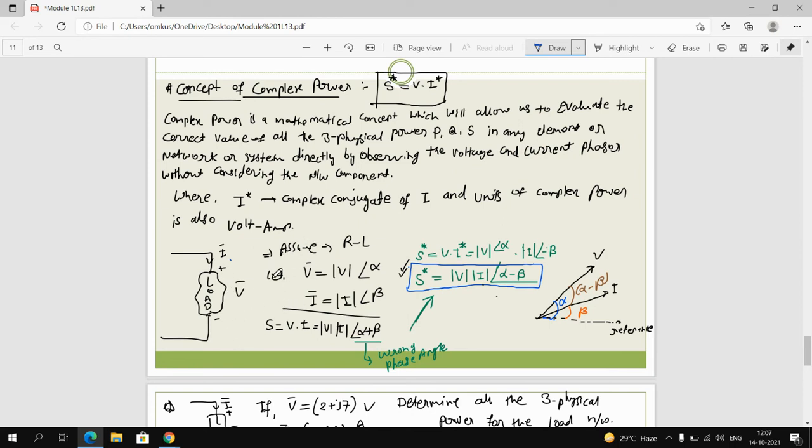So the equations of voltage and current are V is equal to V at an angle of alpha, and I is equal to I at an angle of beta. And power is nothing but the VI. When you calculate this VI, by equations this is plus, but this is wrong according to the phasor. See, each and every element's angle is a difference with the reference point.